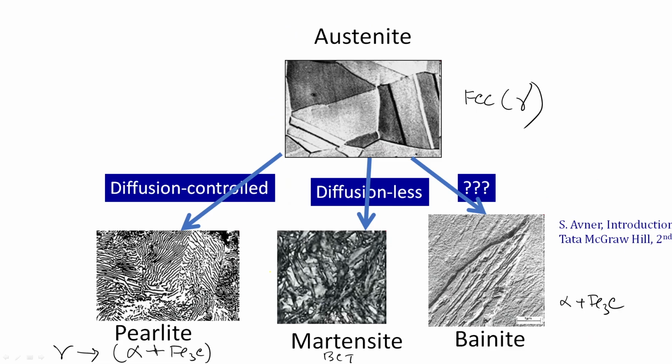So, as you know, we start with austenite always. That is an FCC phase which can accommodate a lot of carbon in steels. Almost 2% carbon can be accommodated at 1150 degrees Celsius.